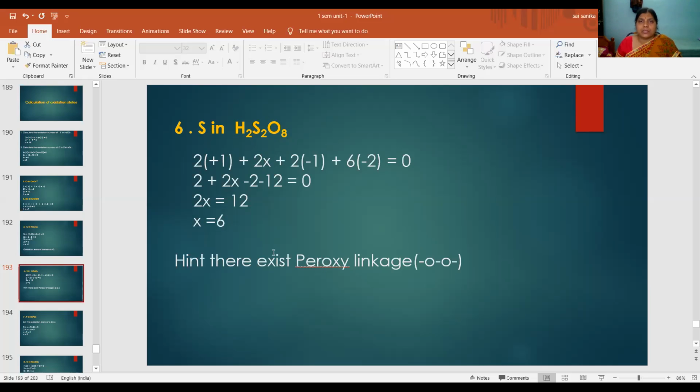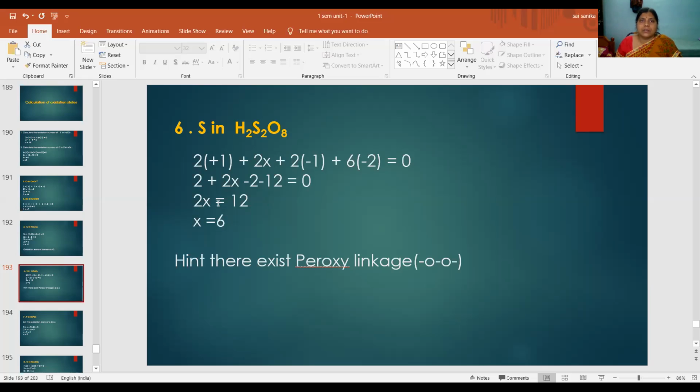So always in peroxides, what is the oxidation state of oxygen? In peroxides, the oxidation state of oxygen is -1. From the rules, you have to remember this one. So if peroxy linkage is given, their oxidation state will be -1. So 2 oxygens with peroxy linkage, 2 into -1, and 6 oxygens with -2. So here 2 plus 2x minus 2 minus 12.